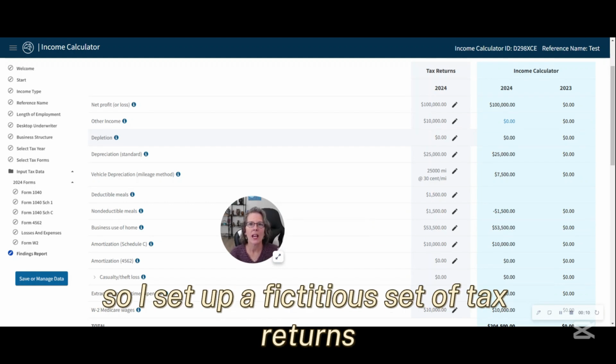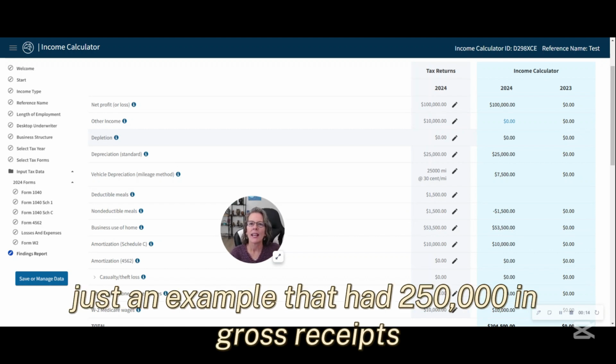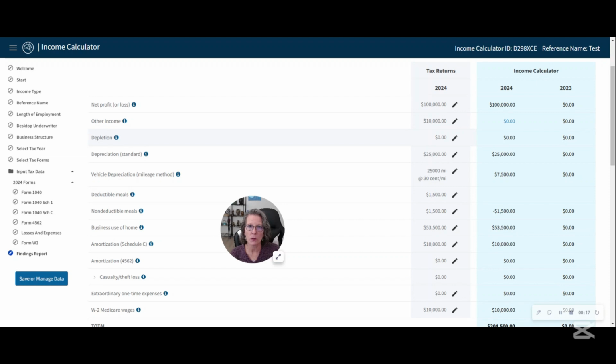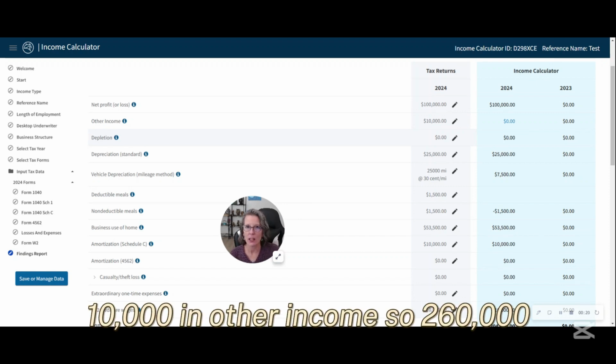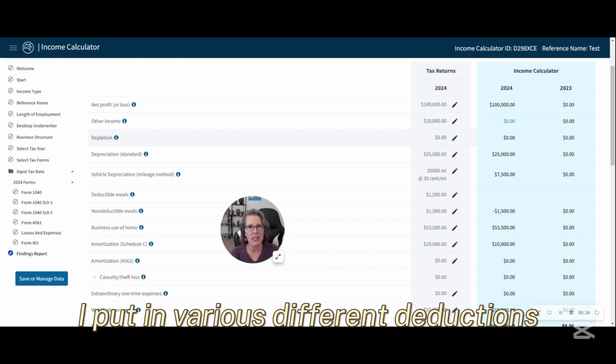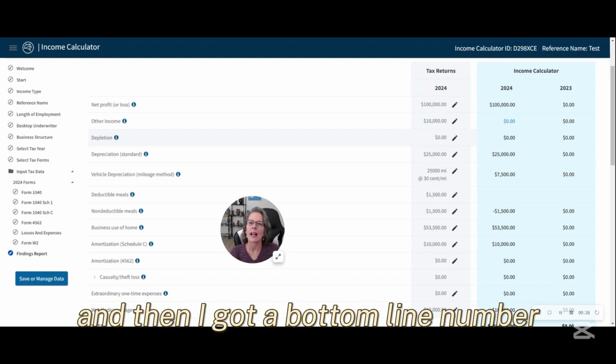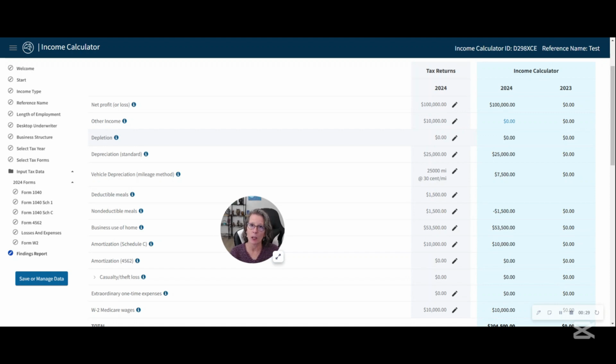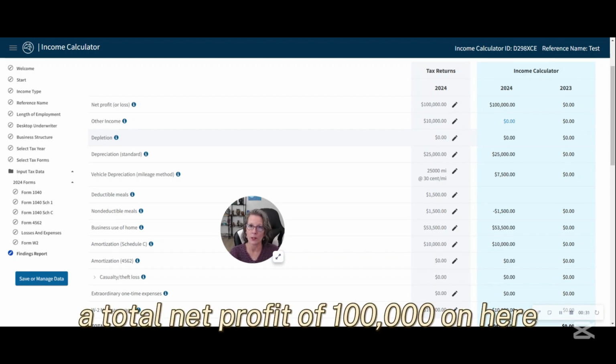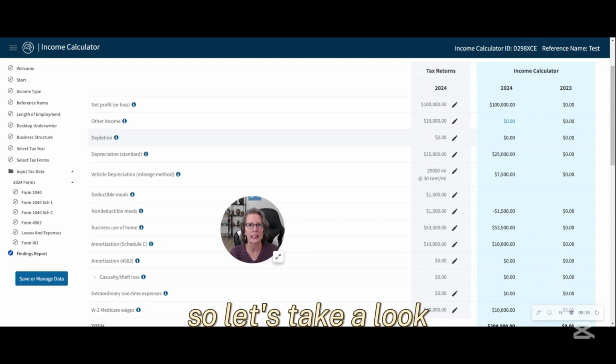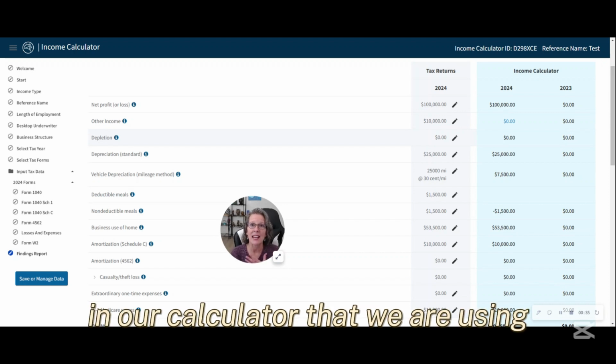So I set up a fictitious set of tax returns, just an example, that had $250,000 in gross receipts, $10,000 in other income, so $260,000. I put in various different deductions, and then I got a bottom line number, a total net profit of $100,000 on here. So let's take a look at how this actually shows in our calculator that we are using.